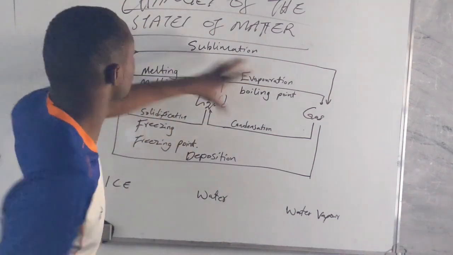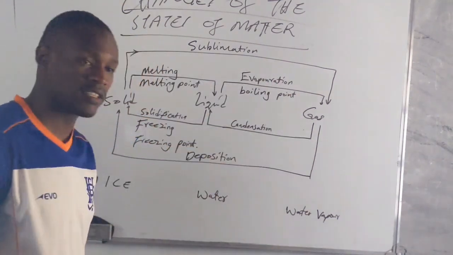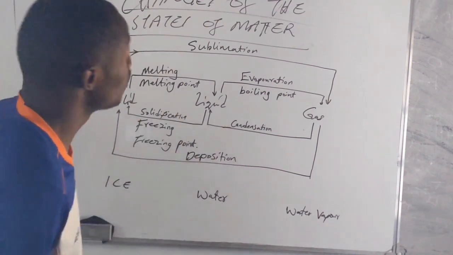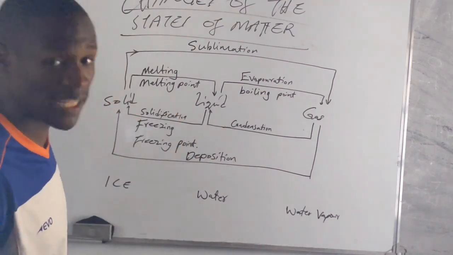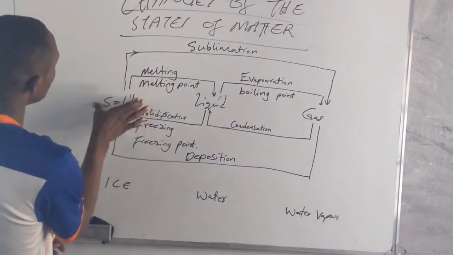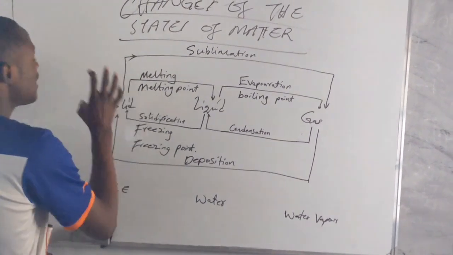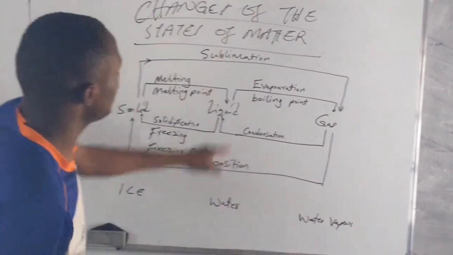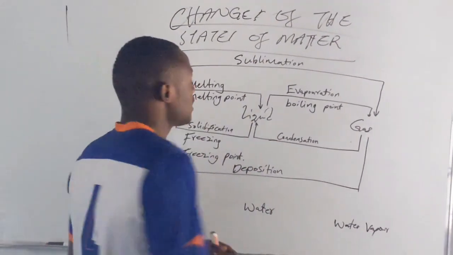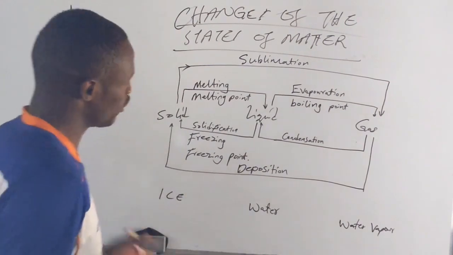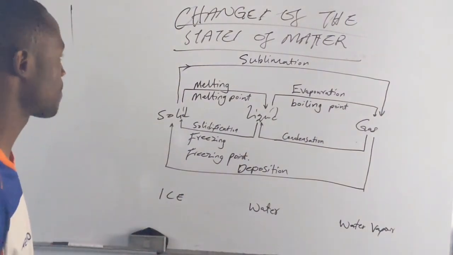So we need to know this diagram by heart, so that even if a question was to come, we can be able to answer it. Sometimes they just draw diagrams here. Instead of writing solid, they put the diagram for the solid. Here they put the diagram for a liquid, and here the diagram for the gas. So we don't need any confusion there.